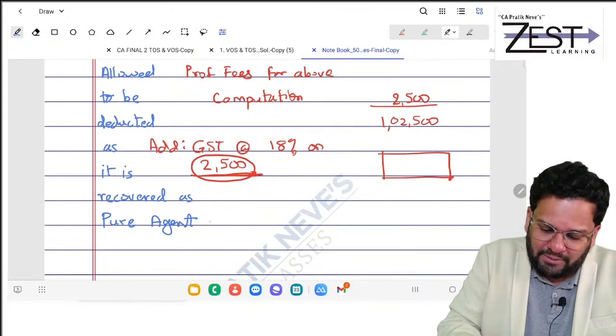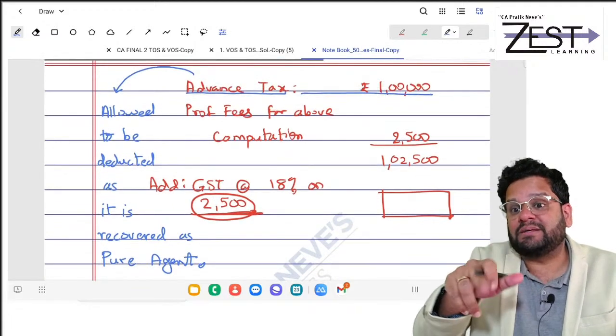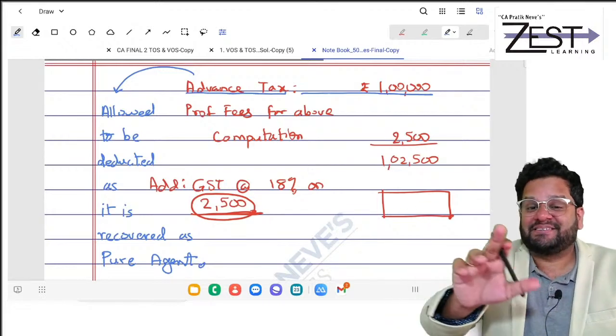So it is liability of recipient of supply. See difference.